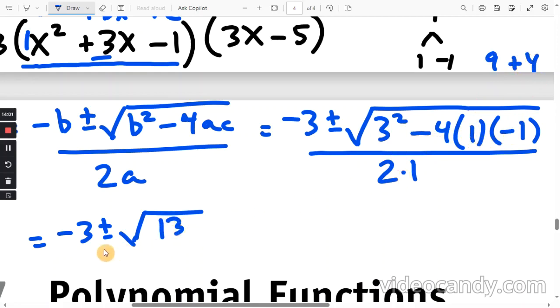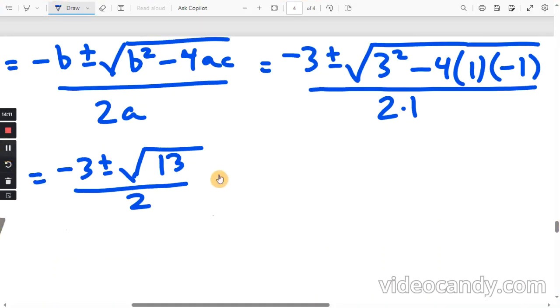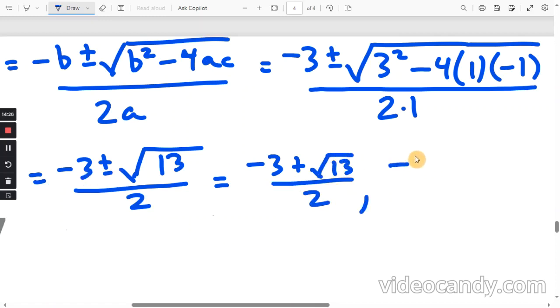And that whole thing is over 2 times 1, or just 2. All right, so what are the two terms here? Well, we have negative 3 plus radical 13 over 2. And we have negative 3 minus radical 13 over 2.